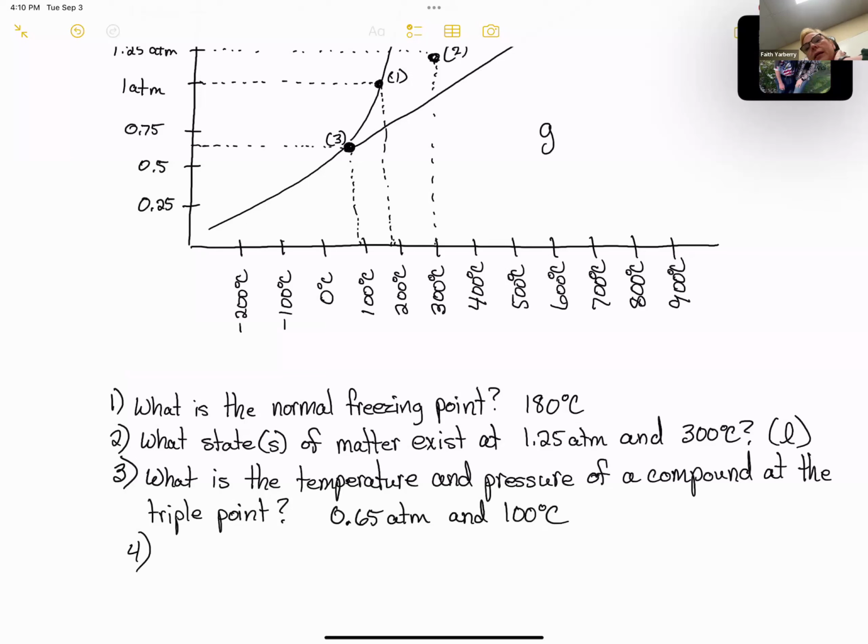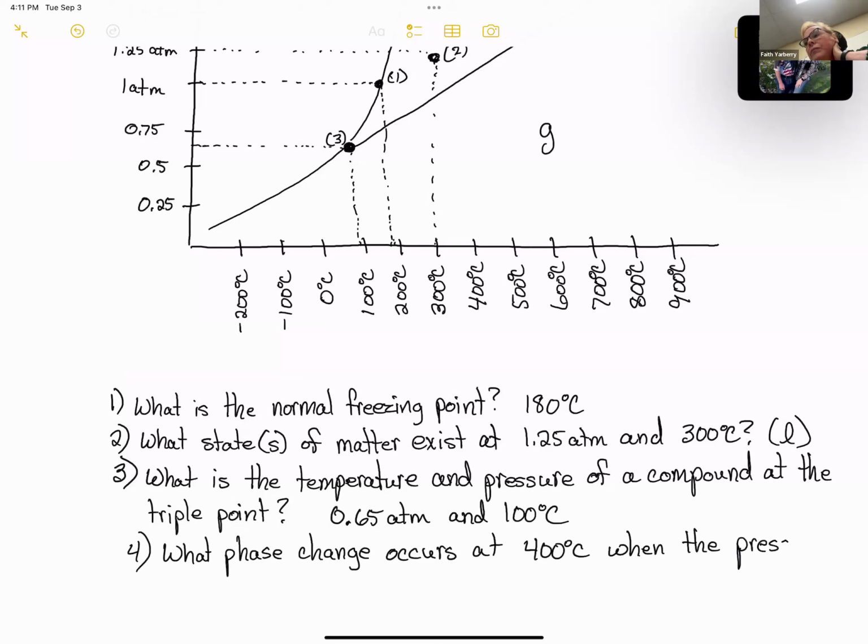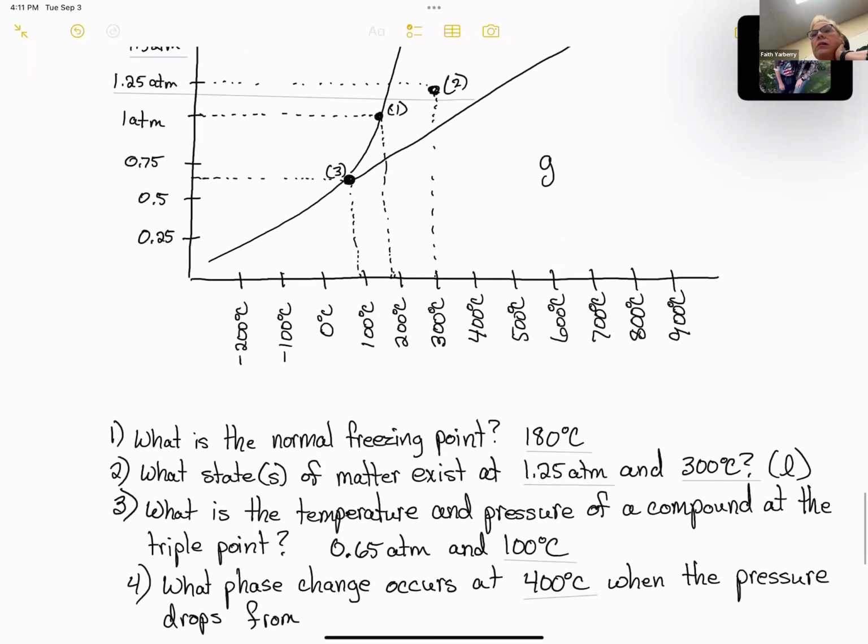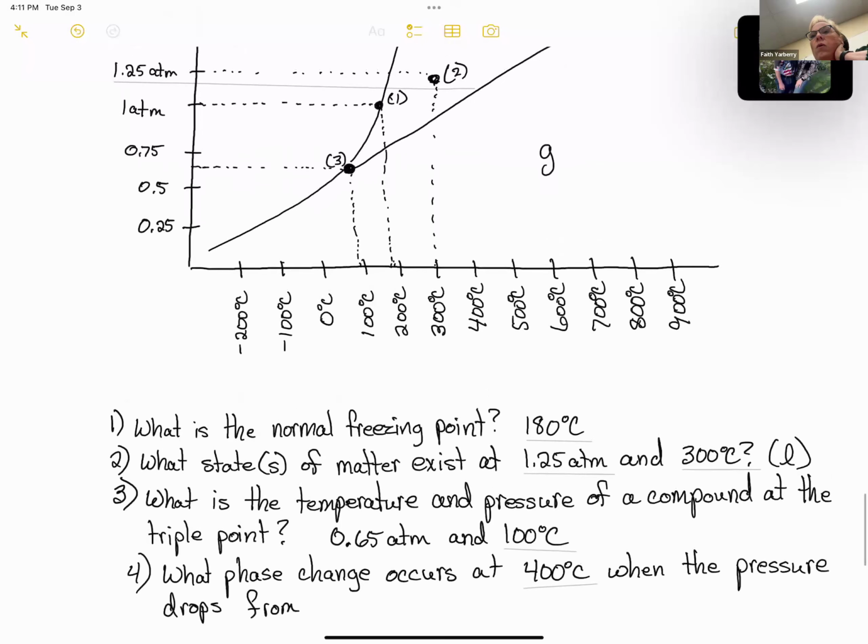Another possible question is, what phase change occurs at 400 degrees Celsius when the pressure drops from 1.4 atmospheres to 0.5 atmospheres?